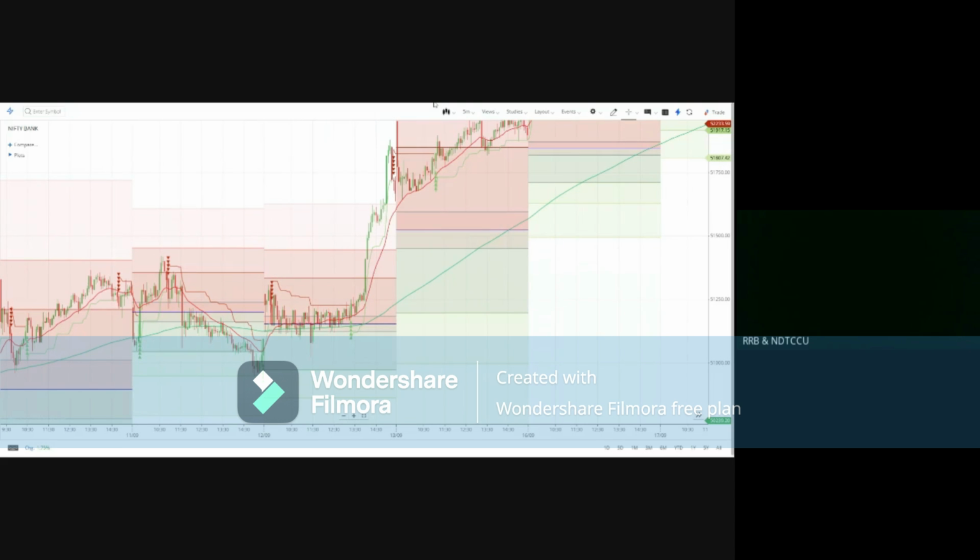Let me show this one more time. I saw this happening one day in Mid Cap Nifty, the same pattern.